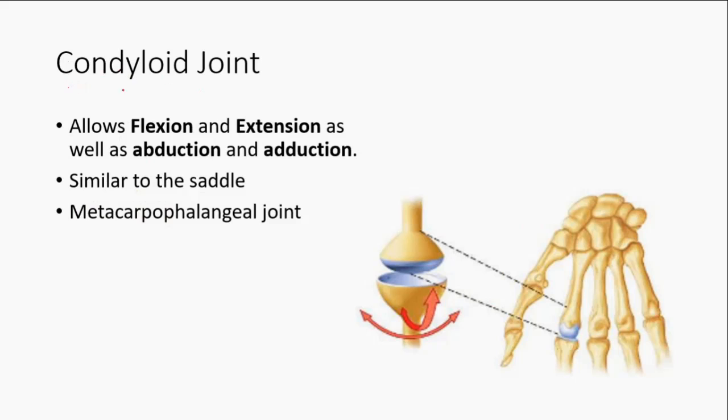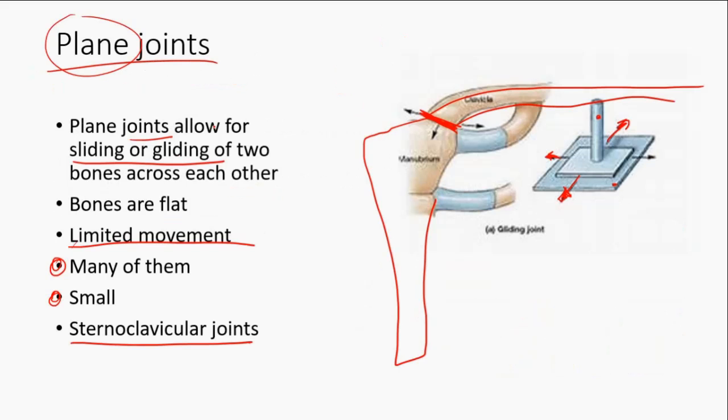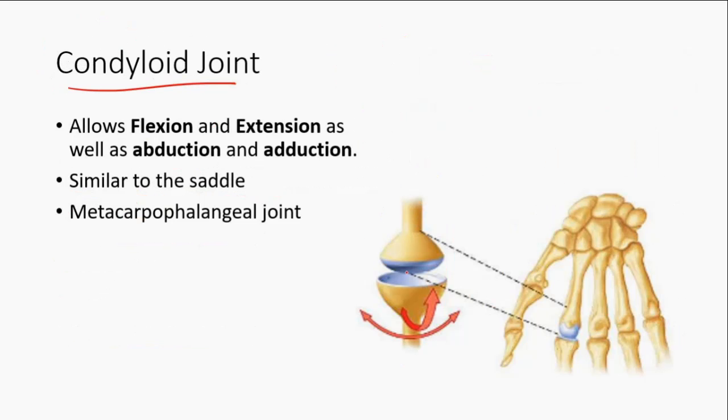The next example is your condyloid joint. Your condyloid joint is a bit like your sliding joint, which was your plane joint, except there is a little bit of concave and biconcave shaping.